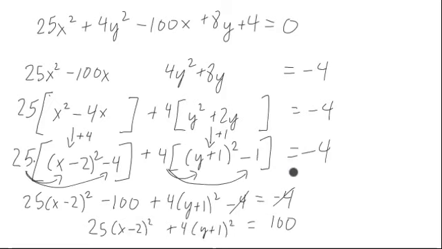Now let's remember what our goal is. Standard form for an ellipse will have a 1 on one side. We would like this to look something like square over a number plus square over a number, where we have an x, we have a y, and we have equal to 1.